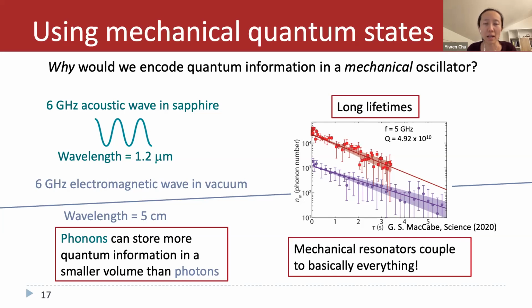I should mention that in other similar systems, also bulk acoustic wave resonators, people have measured quality factors that are, say, an order of magnitude or more higher. But they're made from different materials and are slightly larger. So we're trying to understand what's limiting us at this point. Okay.